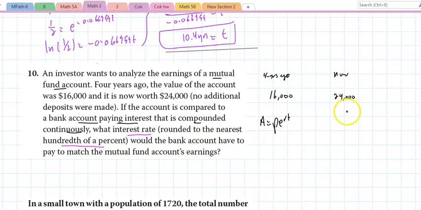Okay, well, how does that work? This is what matters. I started with 16,000, right? In 4 years' time, that amount became 24,000.